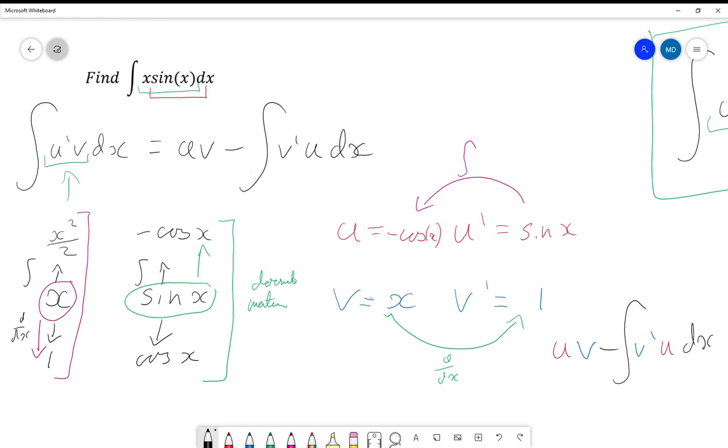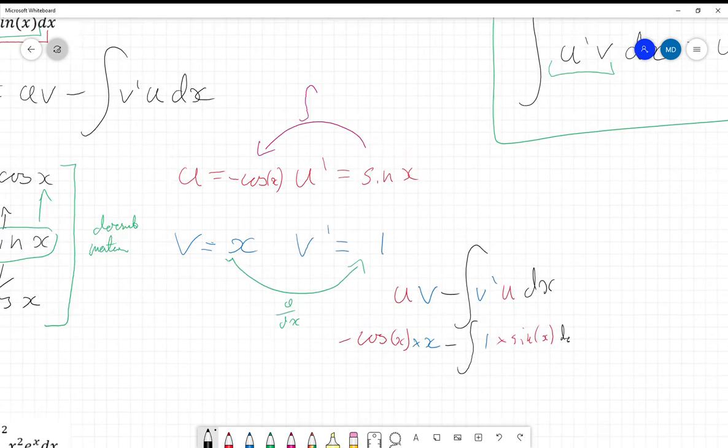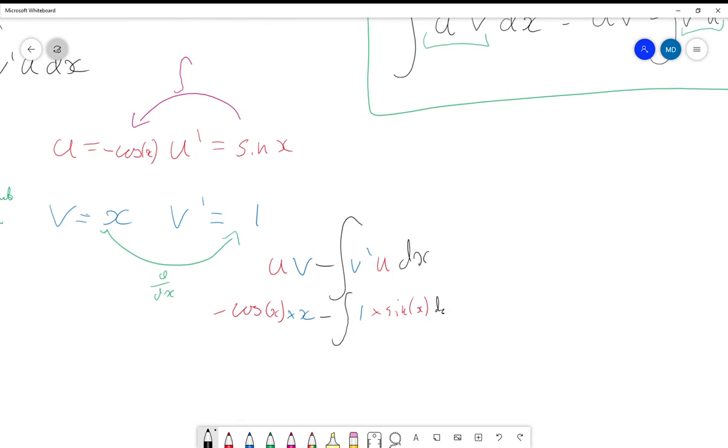So our uv is going to be minus cosine of x times x, and we're subtracting the integral of, well, v dash is 1 multiplied by sine of x dx. And that's not too bad.